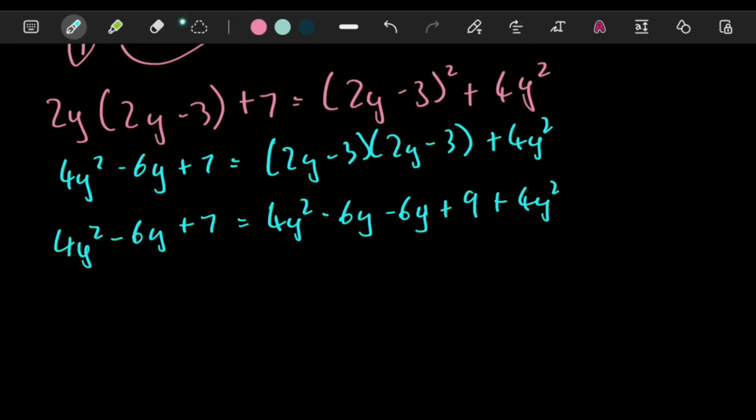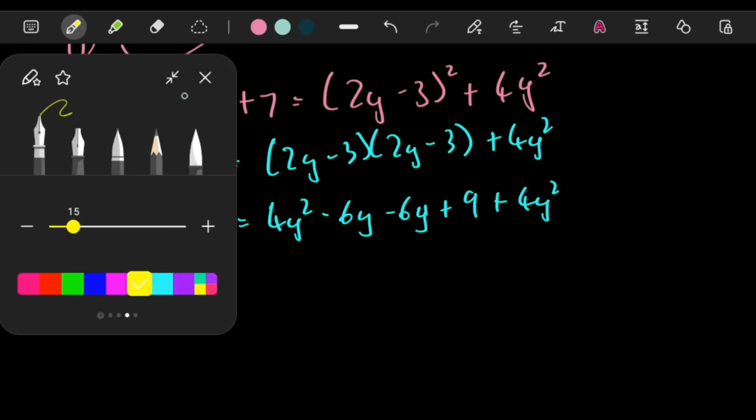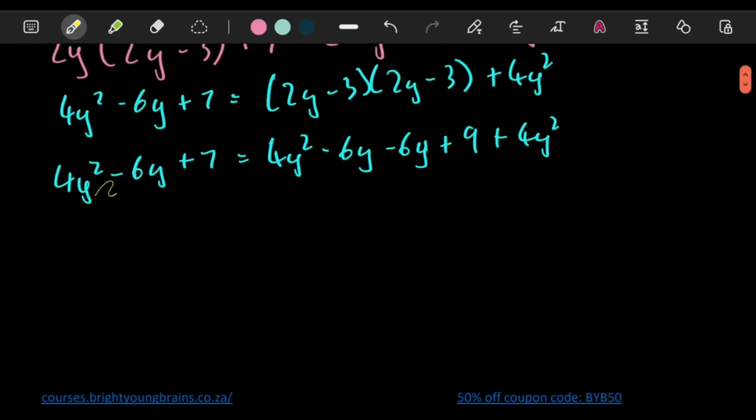Now the big idea here is the following. If you take everything to one side, the two will cancel out. Negative 6 minus 6 plus the 6, negative 6 is going to remain. And then the 9 minus the 7 is going to be a positive 2, with the 4y squared.